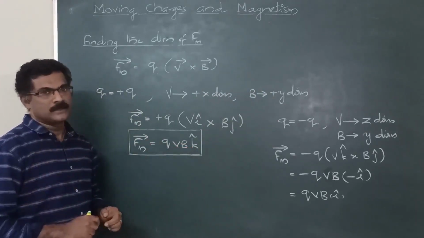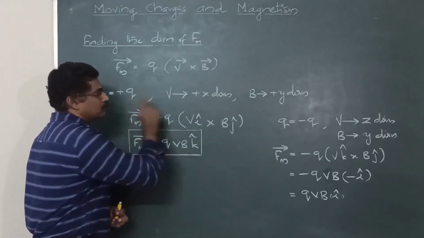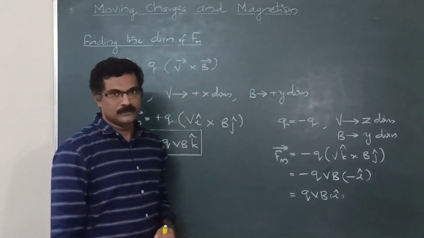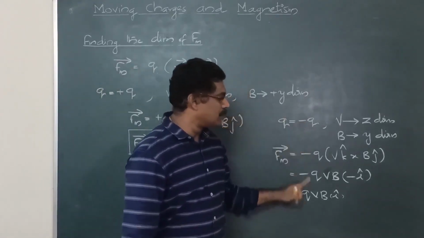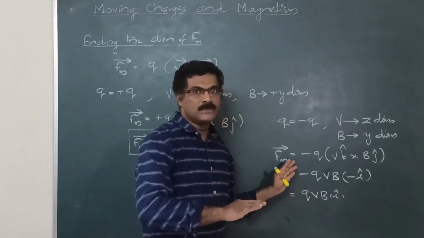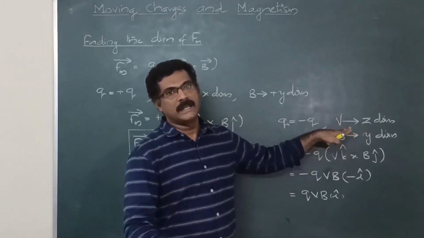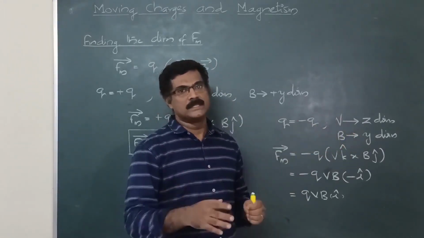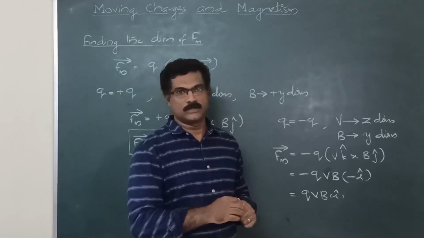Z direction. The meaning is, if the charge is positive, the magnetic Lorentz force is parallel to v cross b. And if the charge is negative, what is the case? The magnetic Lorentz force is anti-parallel to v cross b, just opposite to the direction of v cross b.